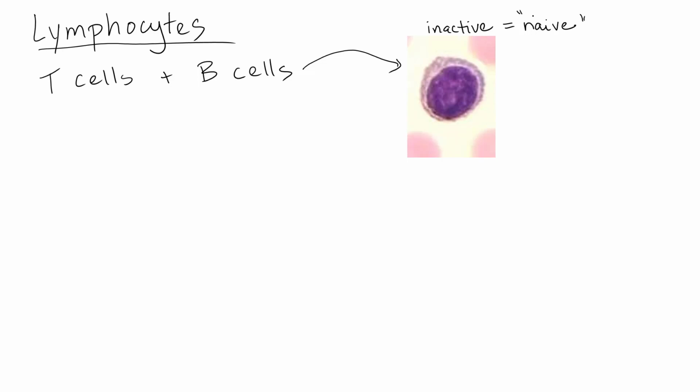So if we talk about a lymphocyte being naive, it means it's inactive, it's circulating, but it hasn't been called into action yet by the immune system. So it's just in circulation. We call it the naive T cell or the naive B cell. Okay, one thing you'll notice, it has a huge circular nucleus that takes up most of the cytoplasm.